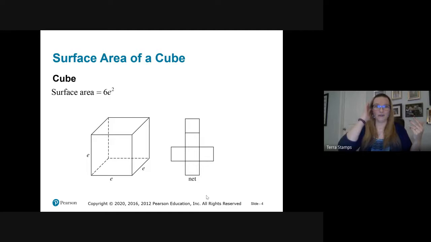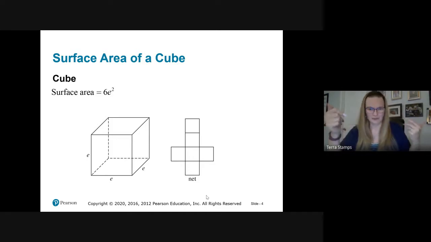So let's talk about the formulas. The surface area of a cube is 6e squared. That's because there are 6 squares that make up a cube, and each of those squares has an area of e times e, where e is the edge length. Now that thing next to it is called the net.